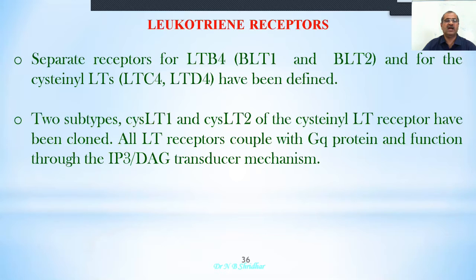And for the cysteinyl LTs, LTC4 and LTD4, the receptors have been very well defined. Two subtypes are there, cysteinyl LT1 and cysteinyl LT2, which are the important receptors as far as the leukotrienes are concerned. All the leukotriene receptors are coupled with Gq protein and function through the inositol triphosphate diacylglycerol transducer mechanism.